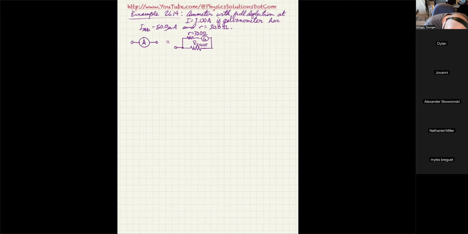But anyways, that's what we're doing here. And in this case, we're treating this the same way. We're letting most of the current go through the shunt, and then only the amount of current that we want go through the other one. Now, in order to do that, we realize that we have the galvanometer and the resistor in parallel with the shunt resistance. That means the total voltage across the two has to be the same.